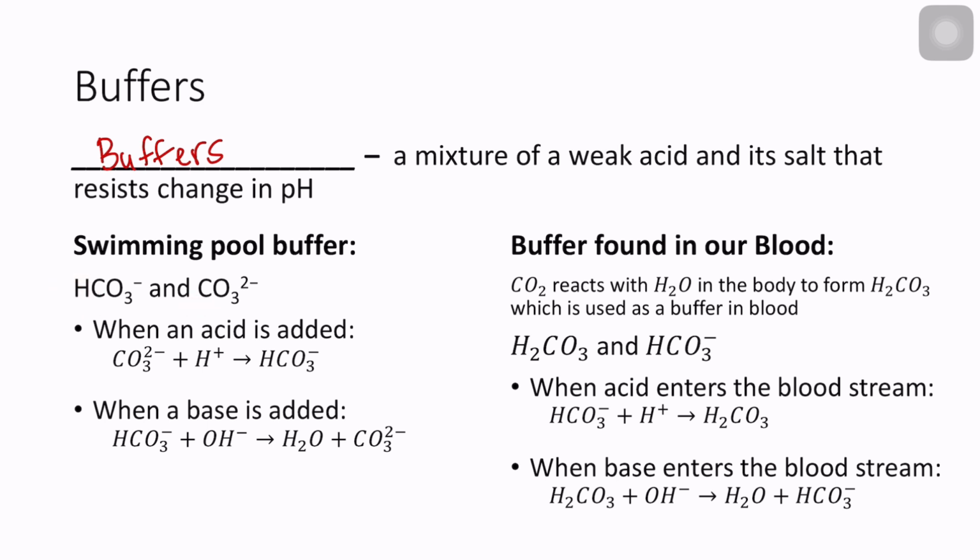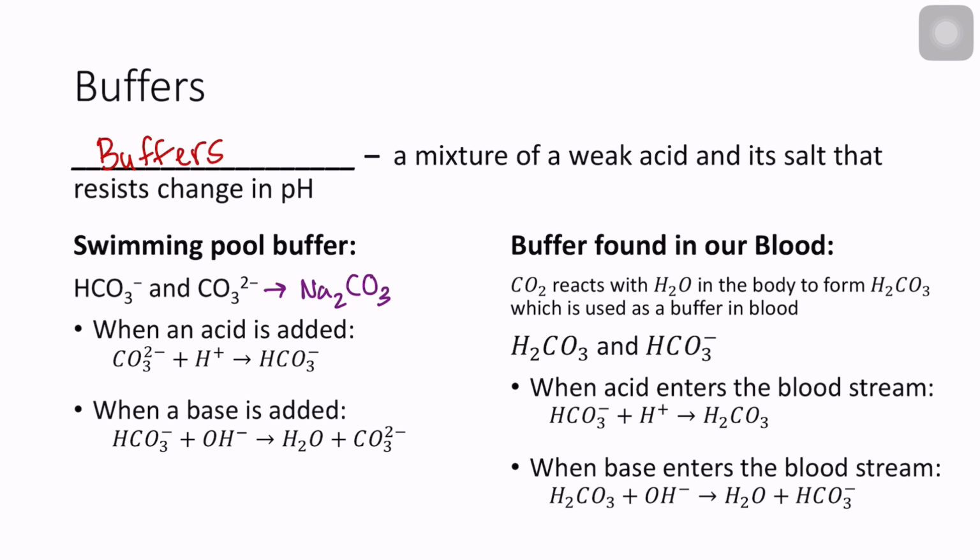Now keep in mind that most of the time you won't find these as carbonate. You would find it with some sort of soluble cation. So something like Na2CO3 is a great example of the salt that goes with bicarbonate.